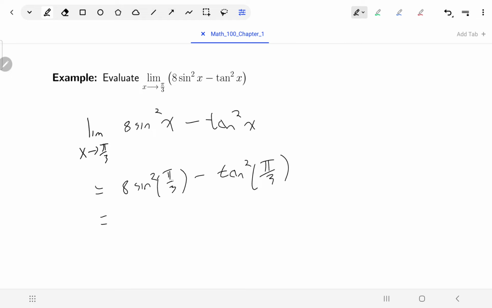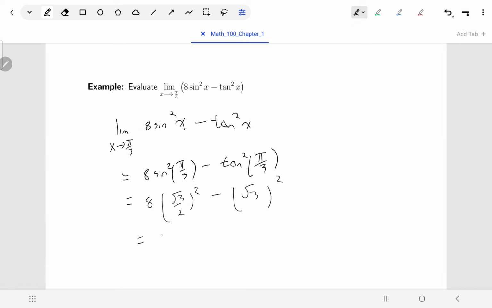So sine squared of pi over 3, sine is root 3 over 2, so that's root 3 over 2 squared. And tangent of pi over 3 is root 3. So we have root 3 squared. So we wind up getting 3 as our final result.